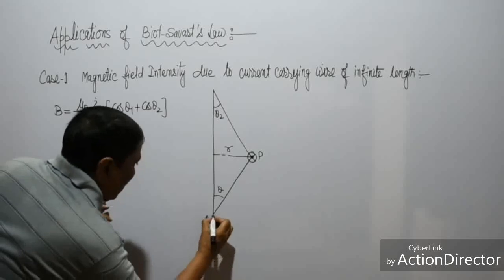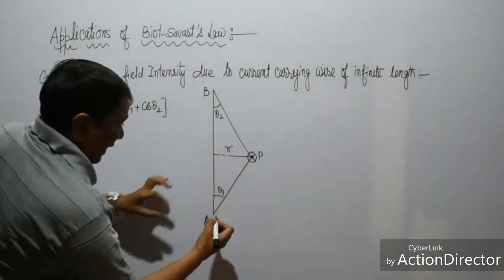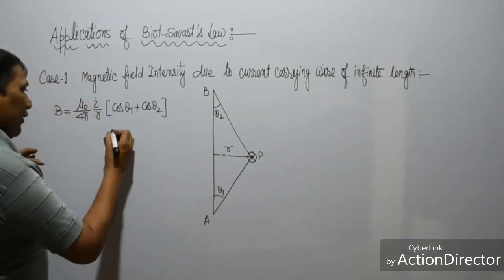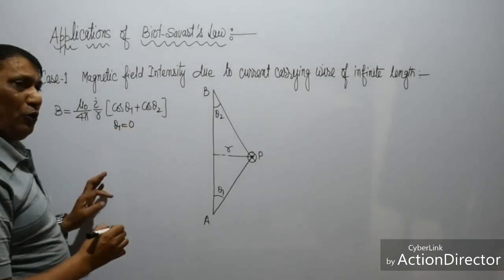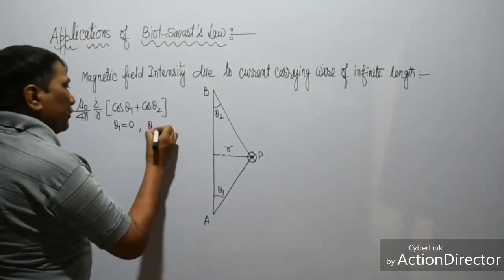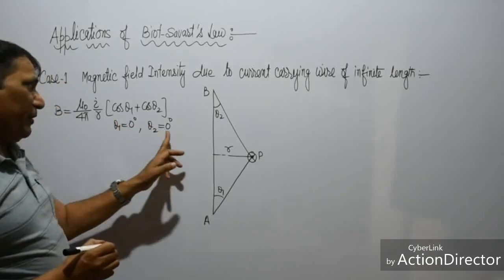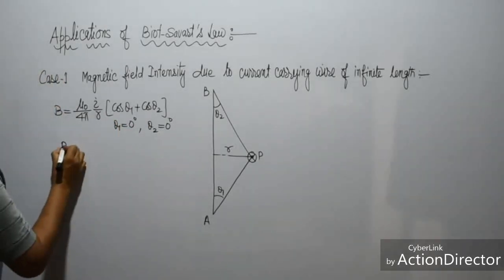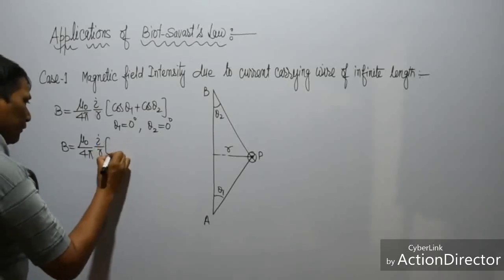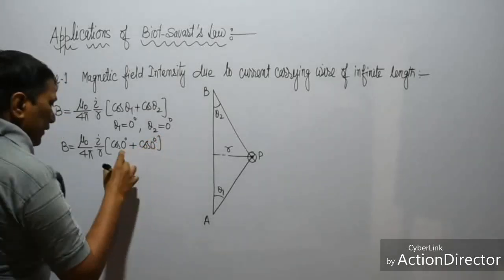Now when this wire becomes of infinite length, the point A reaches infinity, so the angle theta 1 reduces to 0, and when point B reaches infinity, the angle theta 2 reduces to 0 degrees. So both angles for infinite length will be 0 degrees. So B equal to mu 0 upon 4 pi I upon r into cos 0 plus cos 0, that is 1 plus 1.